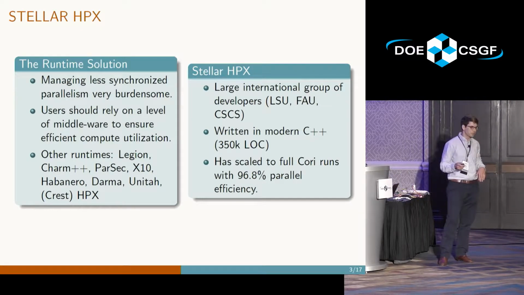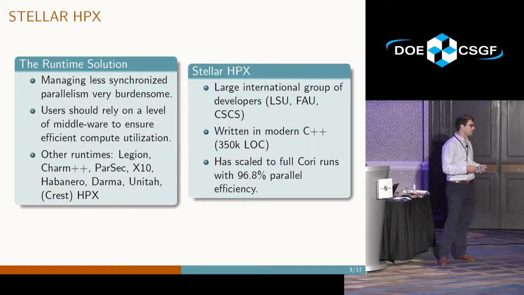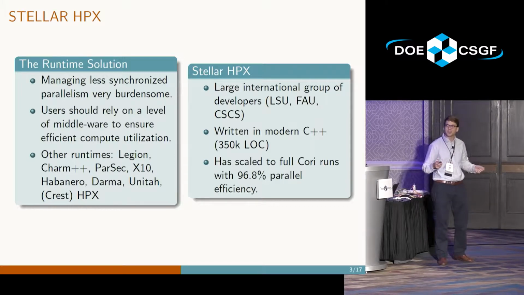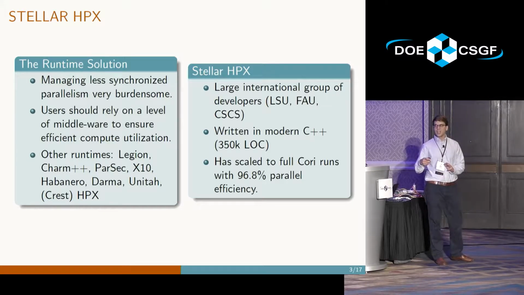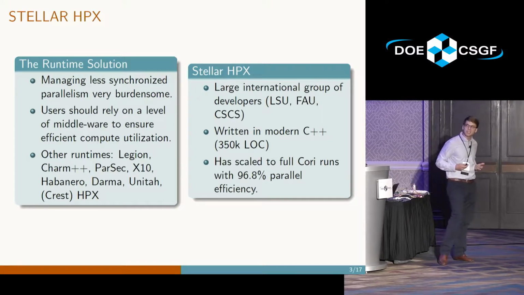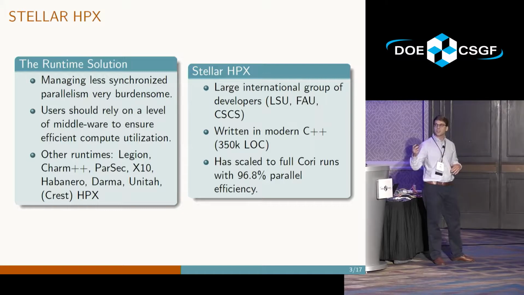Trying to come up with ways to more efficiently give your machine things to do becomes increasingly burdensome. Dealing with all this asynchrony and less synchronized code can be very burdensome, and at some point you say this is not a good place for a domain scientist like myself to spend their time. This is where people say you should inject a runtime.